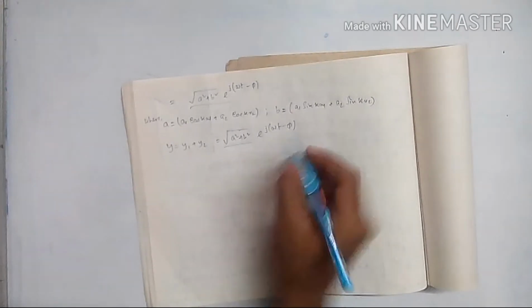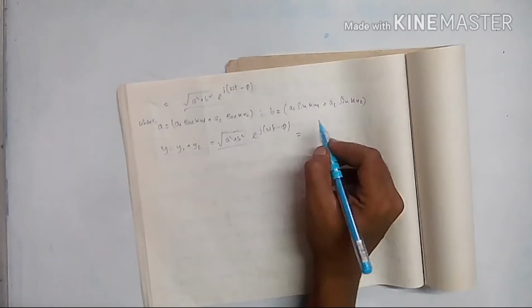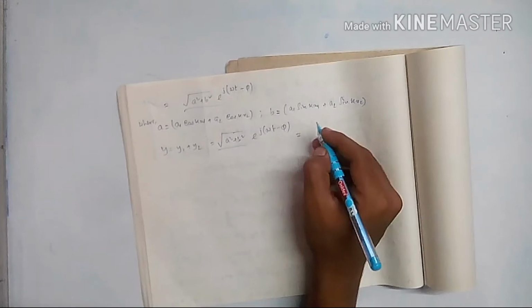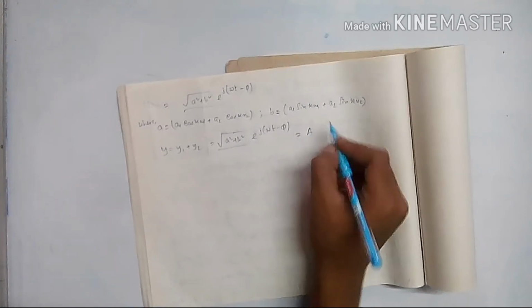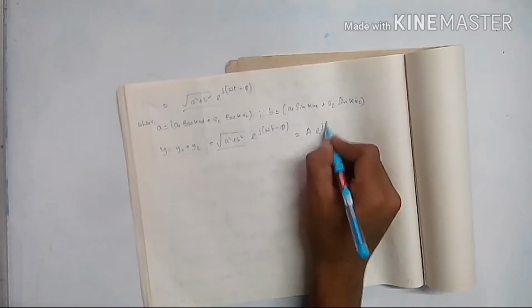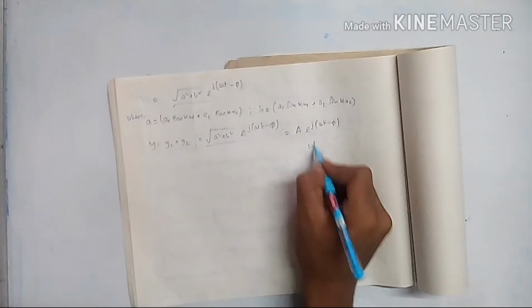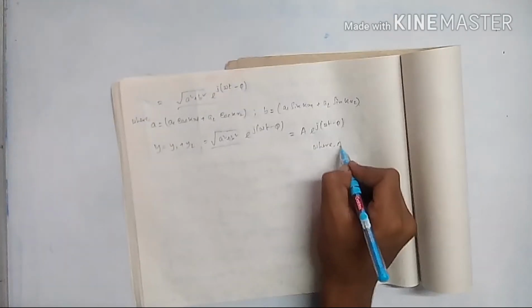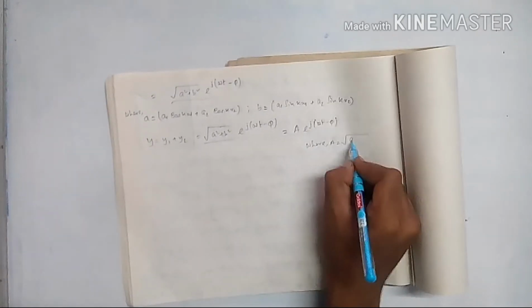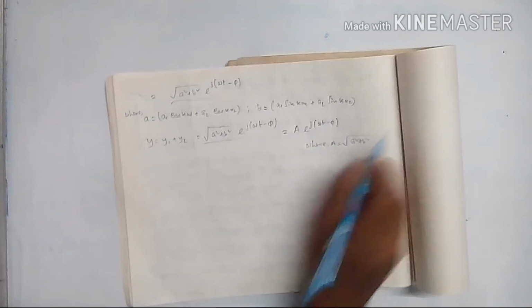So this is the amplitude part of the superposed wave, where A is equal to root over a square plus b square.